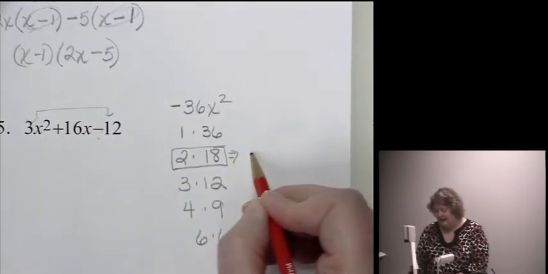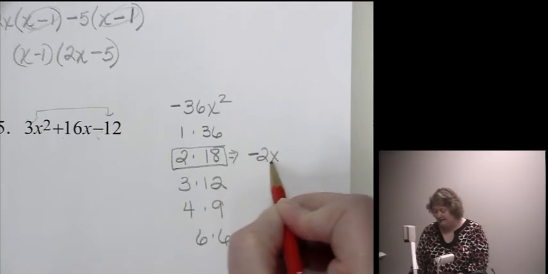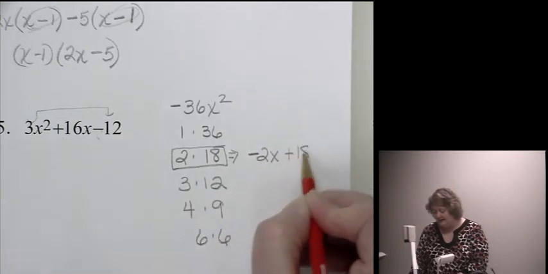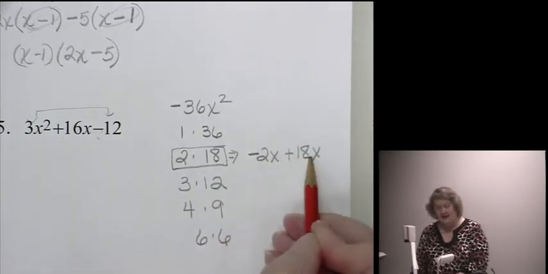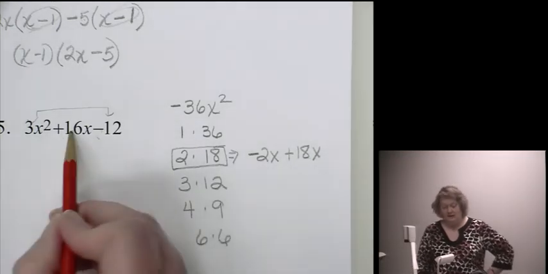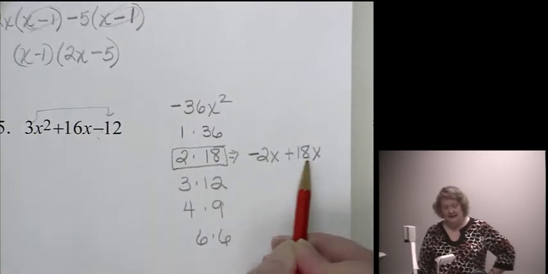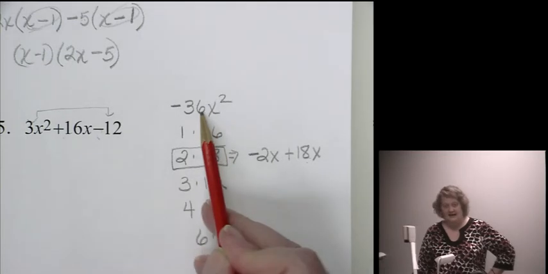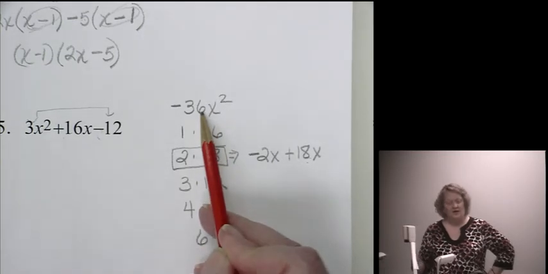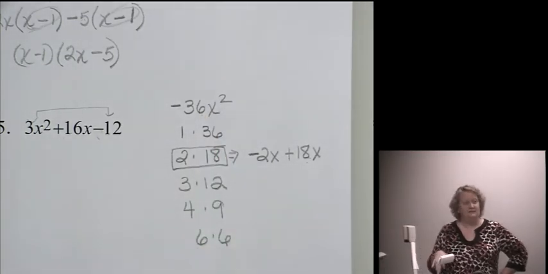That means I need a negative 2x and a positive 18x. That expression will exchange for a positive 16x. But when I multiply negative 2 times 18x, I will get that negative 36x squared. So it meets both sets of rules.